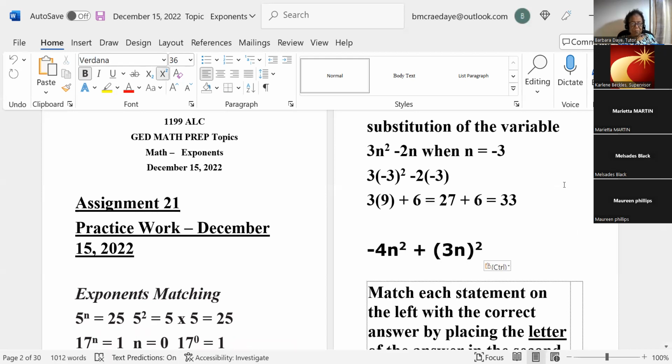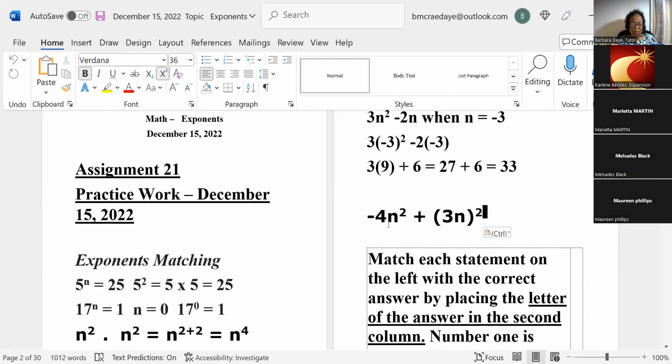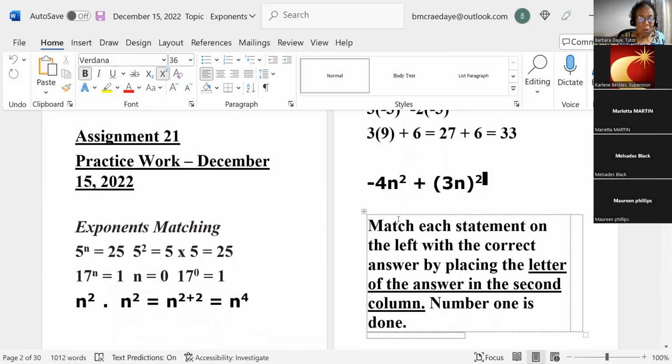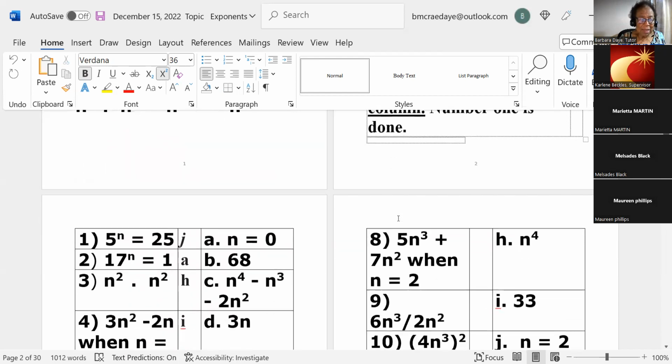Now, -4n to the second plus 3n to the second. Now, we don't have an operation we are doing on -4n to the second.